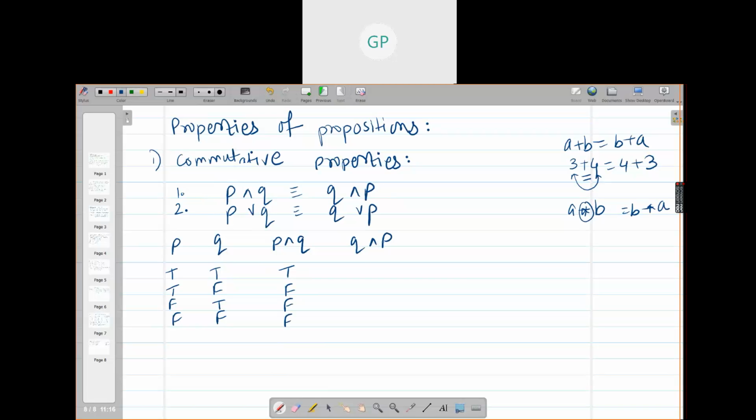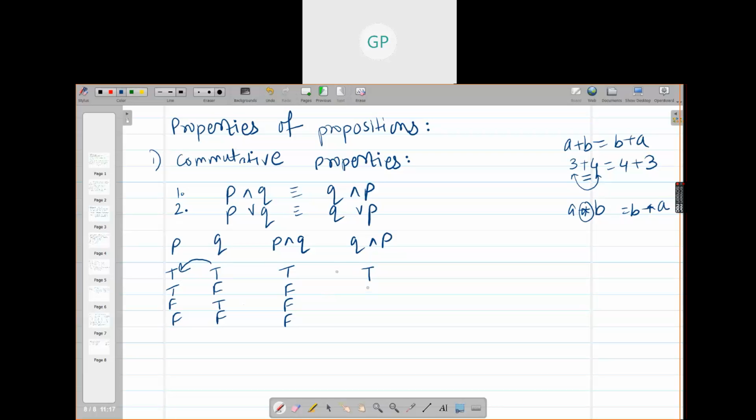Now what happens to Q and P? Now think the other way around. Q and P. So T and T is T, right? It is true only when both are true. So Q is true and P is also true, so conjunction Q and P is true.